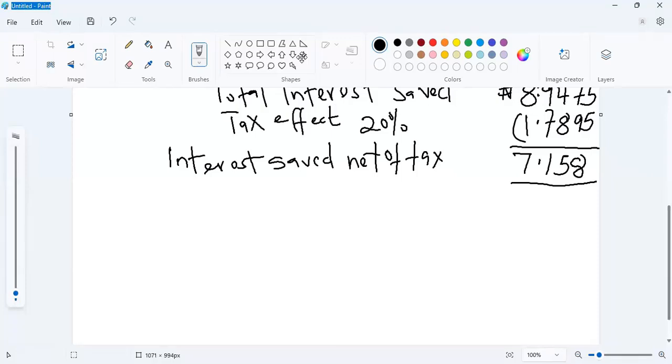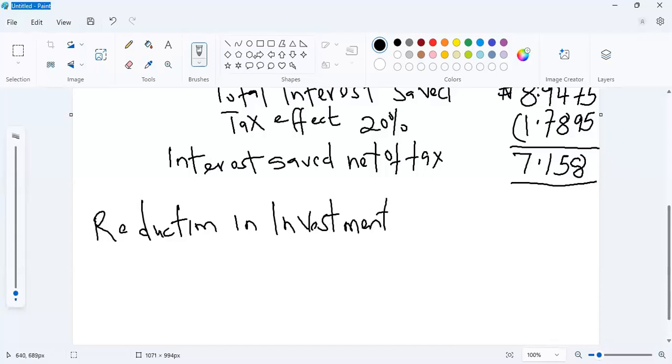The hotel that is worth 100 million, you are going to dispose of it. That means there's a reduction in investments by 100 million.